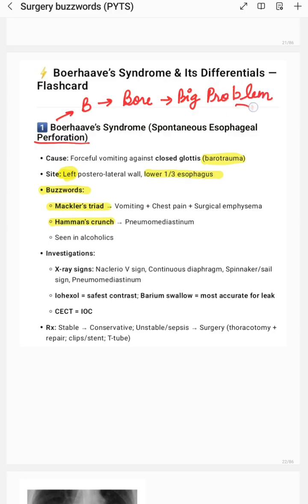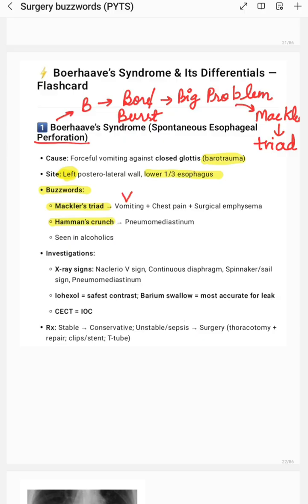For that big problem we have Mackler's triad. We can also remember bore as burst. So there is a burst in the esophagus, and it's a big problem. For this big problem we have this Mackler's triad. So now the patient is in a critical situation.